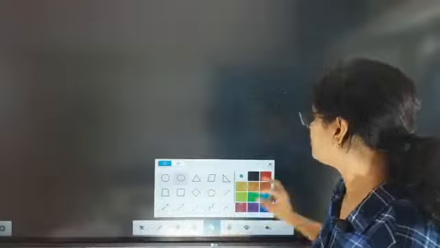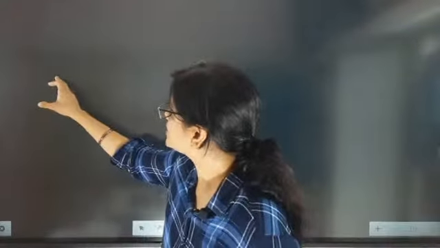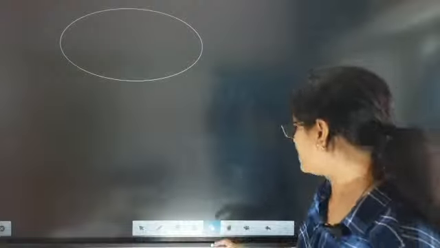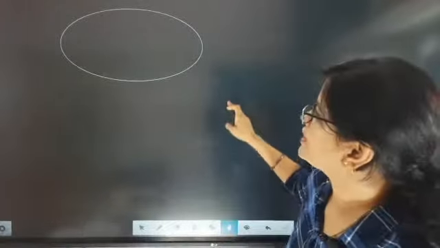Now we are going to draw the ellipse, and we are going to try to understand the ellipse. No more wastage of time. We are only going to understand the ellipse nicely. Fine.